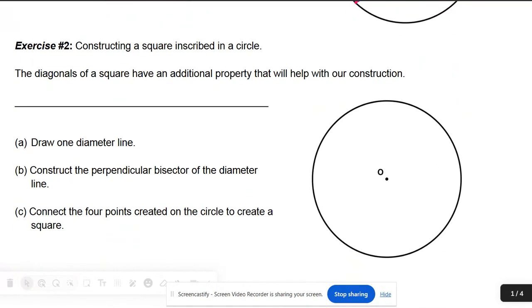All right, constructing a square is going to get a little more detailed. A square is a little more specific. The diagonals of a square have an additional property that's going to help us out here. Diagonals of a square are perpendicular.